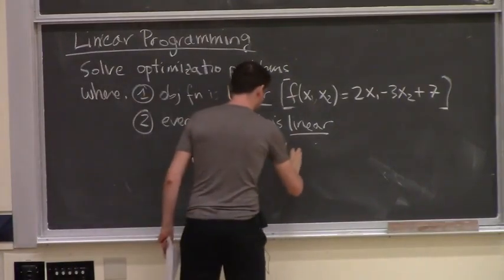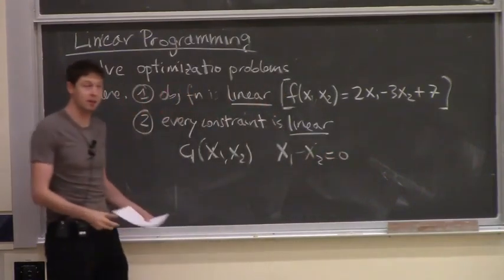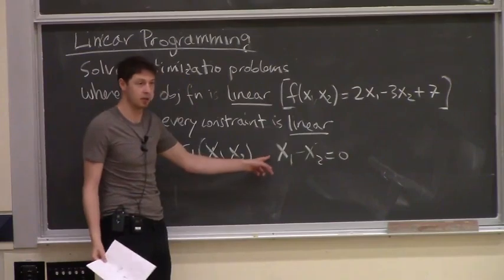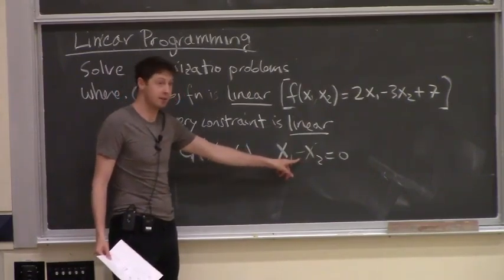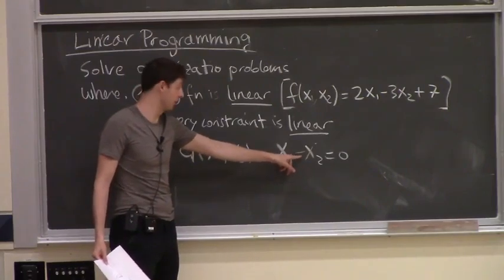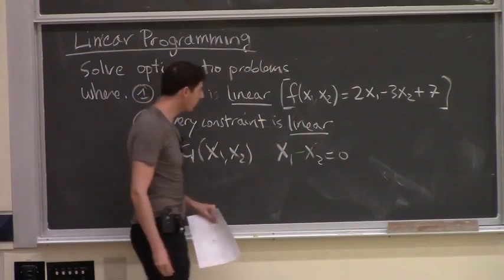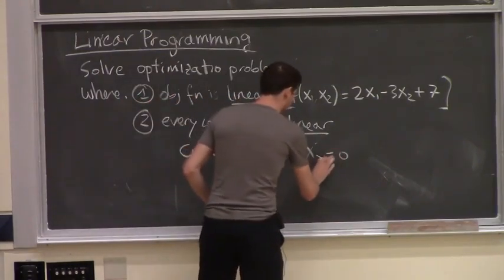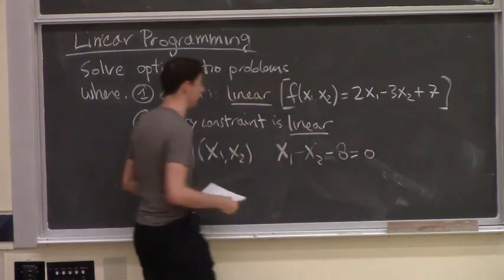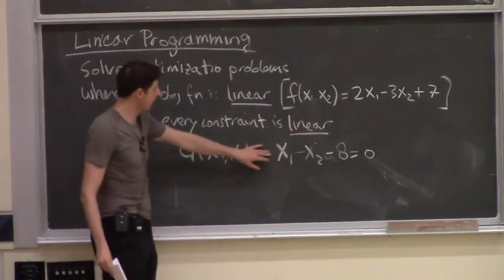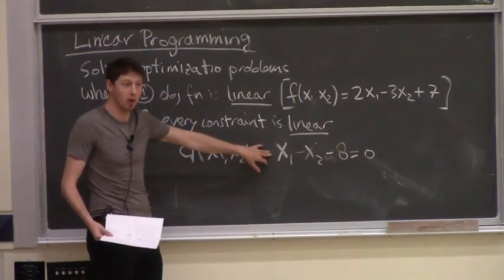Another way to put it is x1 minus x2 equals 0. That's definitely a linear constraint. There is a scalar, the number 1, times x1. Then again we have the scalar minus 1 on the variable x2. We add them up and say that equals 0. And we could also say, maybe, minus 8 equals 0. It's also allowed to have a constant. So we can have linear equalities.